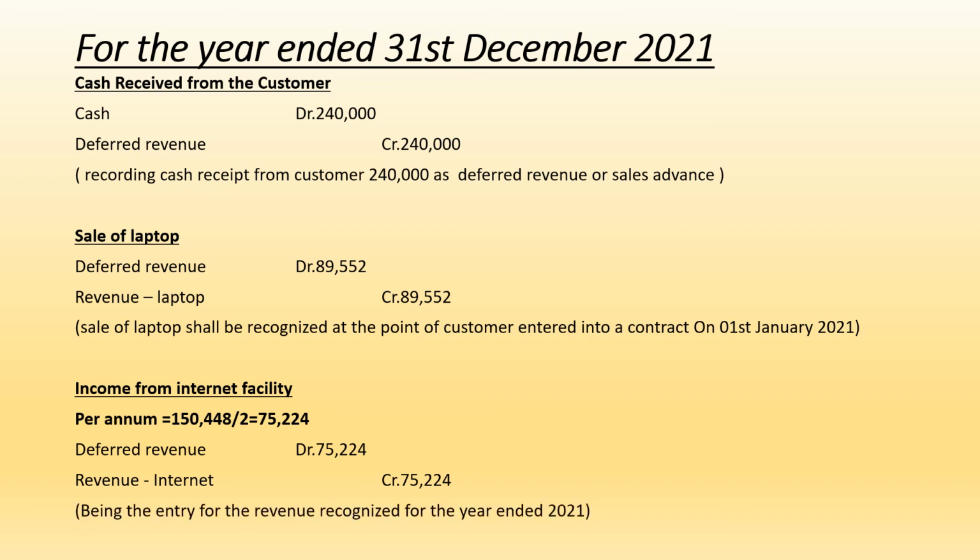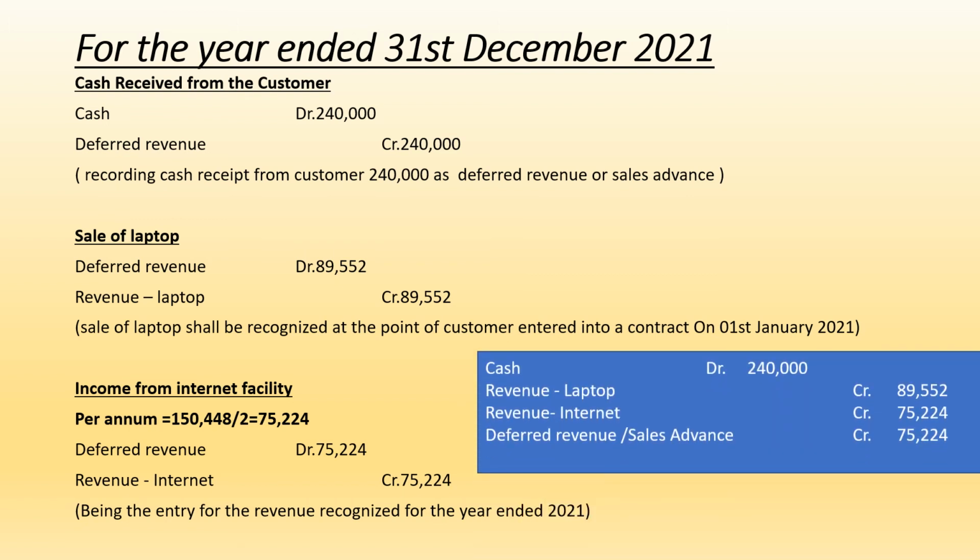These three transactions can be passed in a single entry. Therefore, we can debit the cash account by 240,000 and credit the revenue from laptop by 89,552, revenue from internet by 75,224, and we can put the next year revenue from internet facility into the deferred revenue account or sales advance account by 75,224.